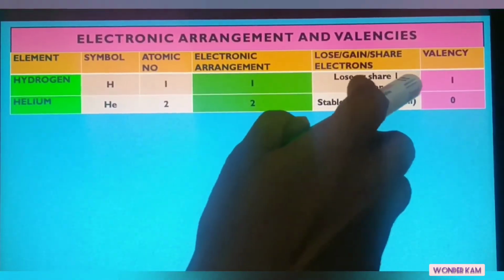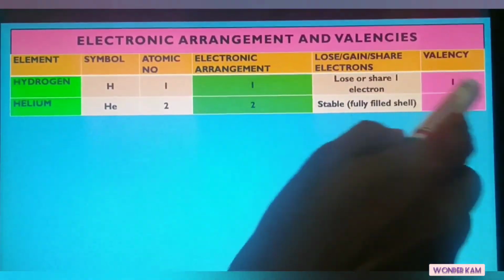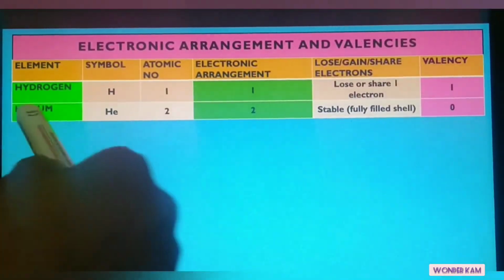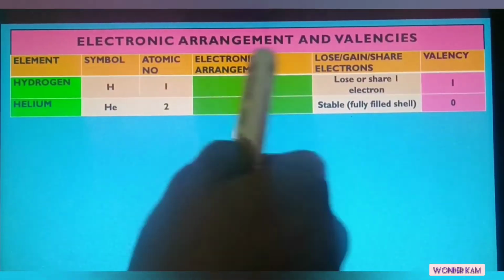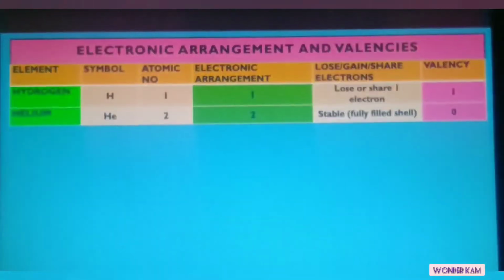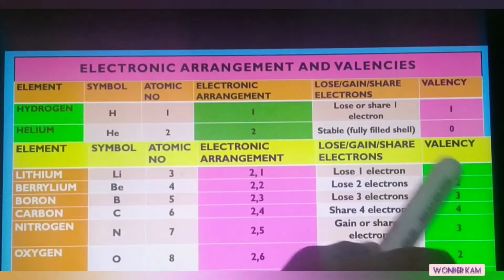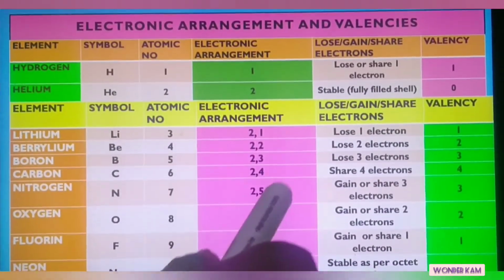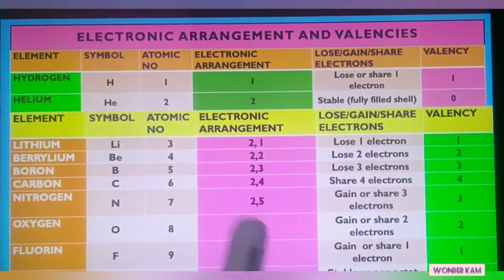In the case of hydrogen, it can share one electron, so the valency is equal to 1. You can lose or share. In the case of helium, it is a completely filled first shell. So this is a very stable form, and its valency is 0. Along with the valency, the periods also tell about the reactivity of the elements.